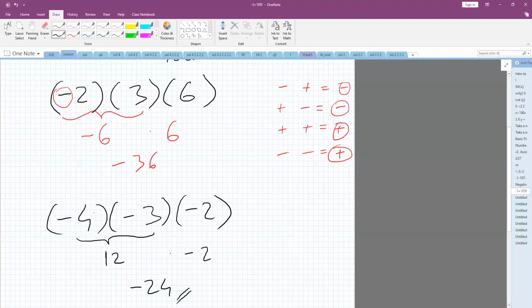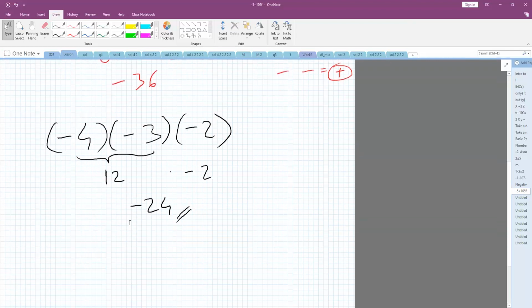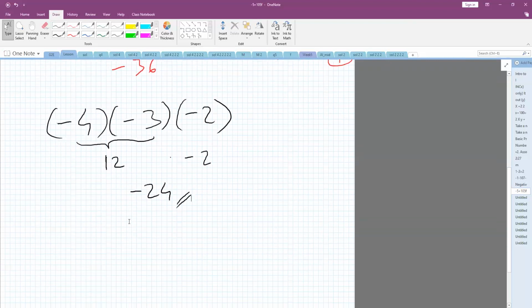So be careful. I think there is something that is unclear for you. When you look at the way we write the number and then it's using brackets, that means you multiply them.